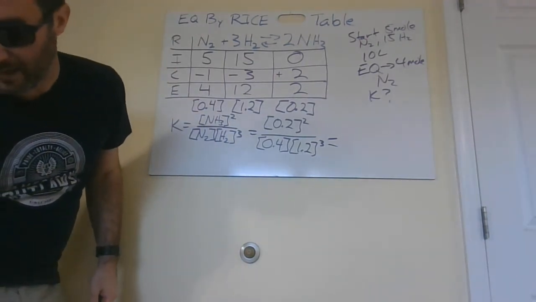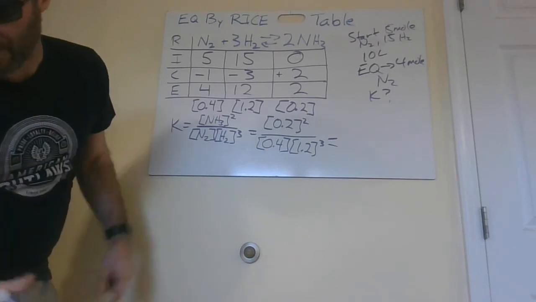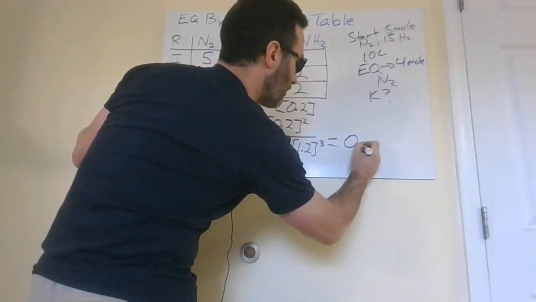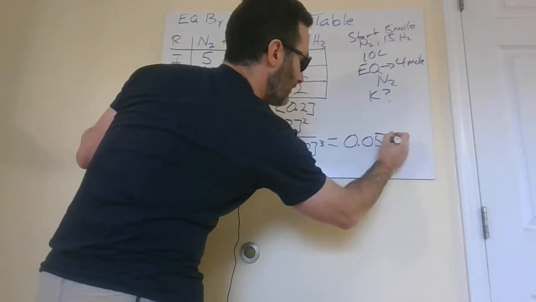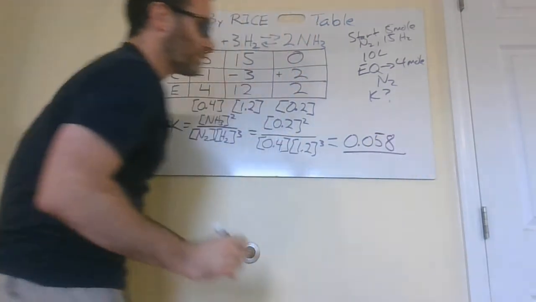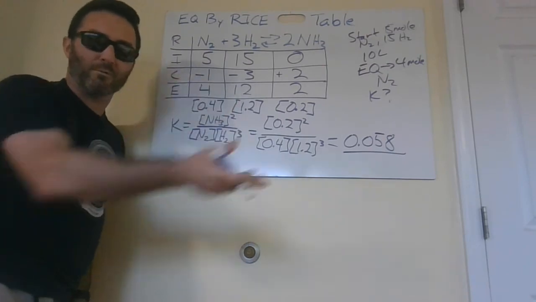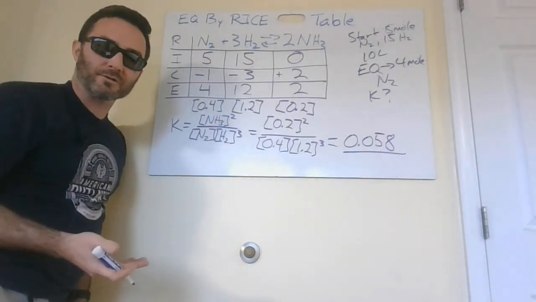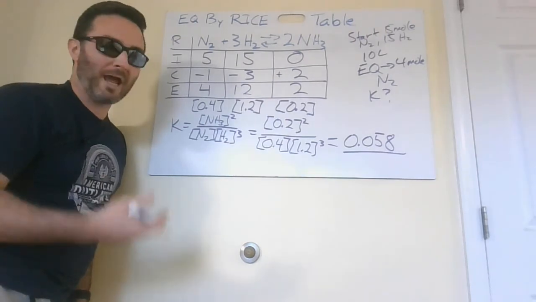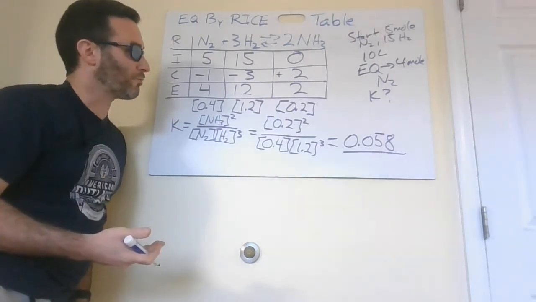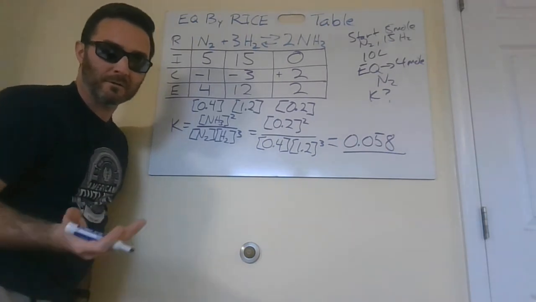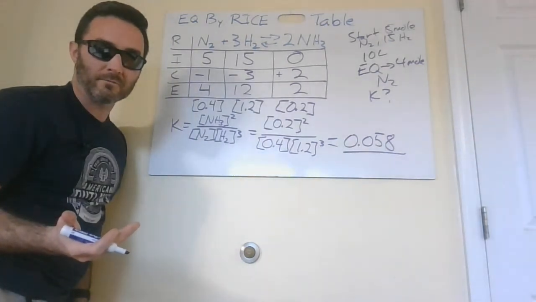And when you do that, I could write the numbers in here, but you don't need to. It winds up being 0.058. It's another small number, meaning the forward process wasn't as favorable as the reverse. You have more reactants at equilibrium than products. Duh, you saw that, and you're good to go.